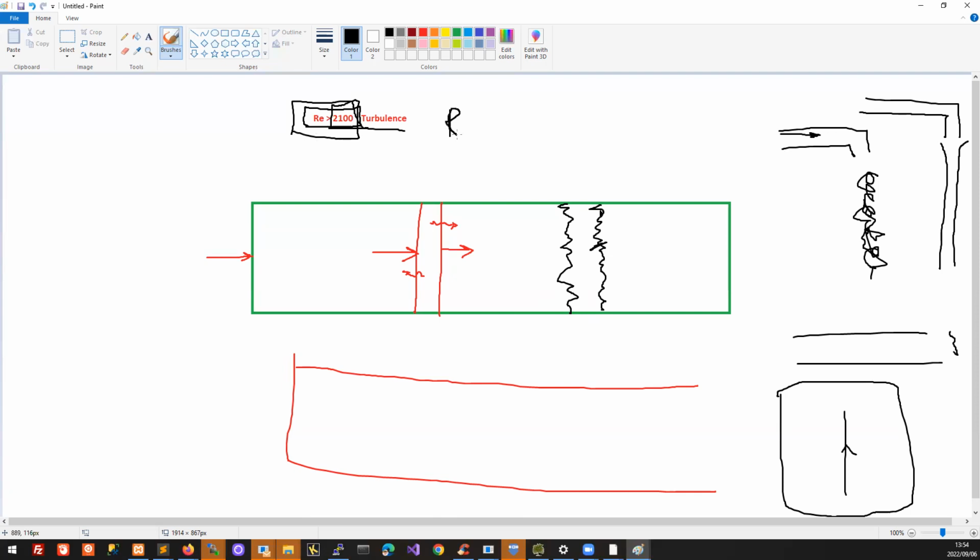And because Reynolds number is d u rho over mu, so that's diameter, velocity, density, and viscosity, right? You can't really change the viscosity or the density of the fluid. You can definitely change the diameter and the velocity. So if you want your fluid in a particular flow regime, you have this kind of power to change it.